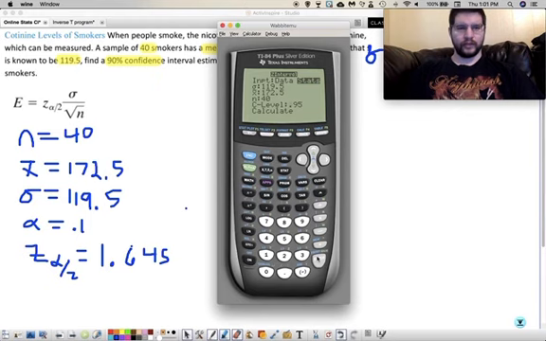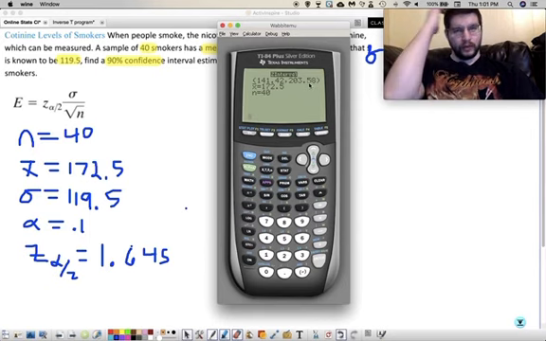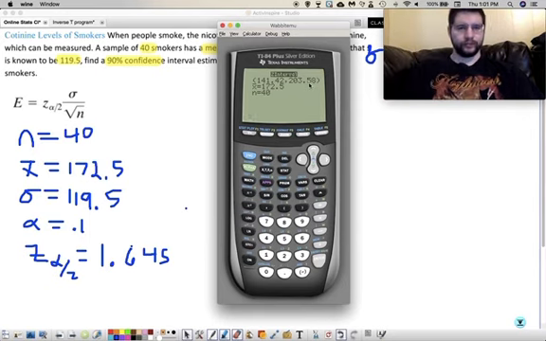Confidence level of 0.90. Calculate that. 141.4 to 203.6. So that's what we need for our interval.